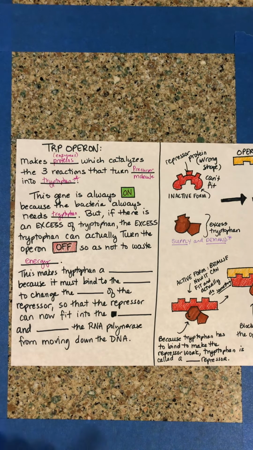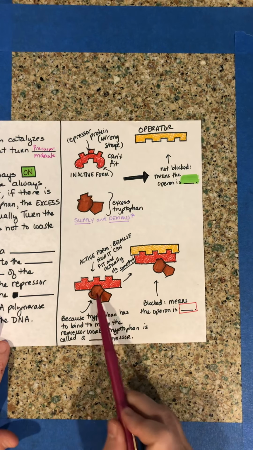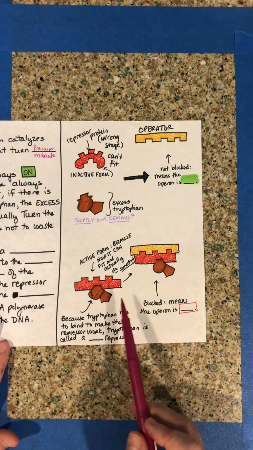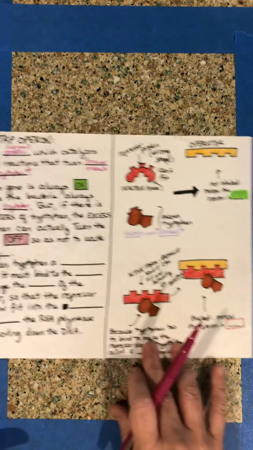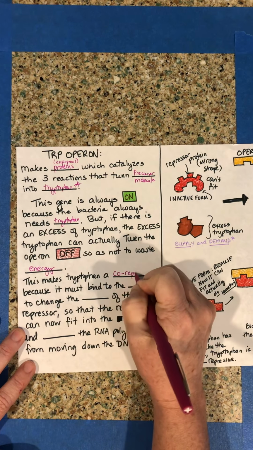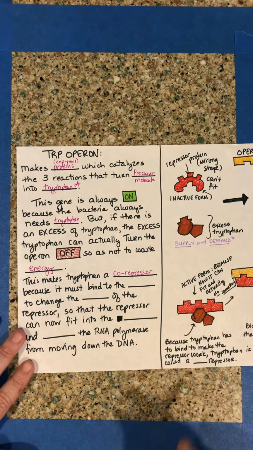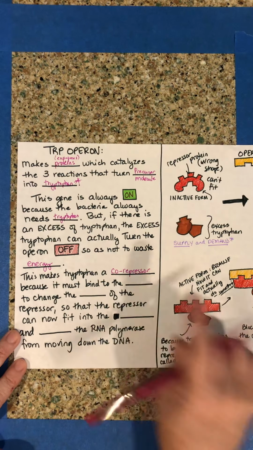This makes tryptophan a blank because it must bind to the what? Okay, so here is the cool thing. Tryptophan binds to the repressor protein, so it helps it out in its job. And so we call this a co-repressor. Okay, so tryptophan is not the repressor, but it's a co-repressor because it makes the repressor able to work.